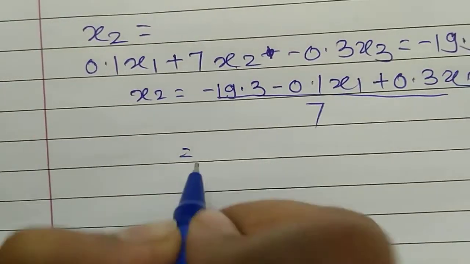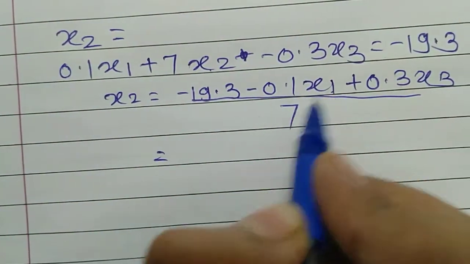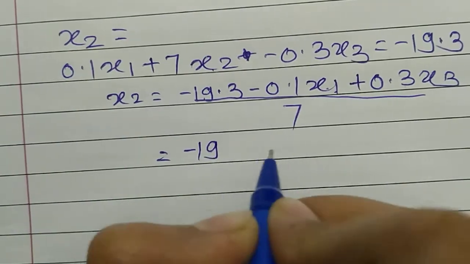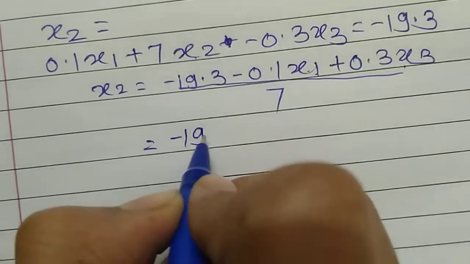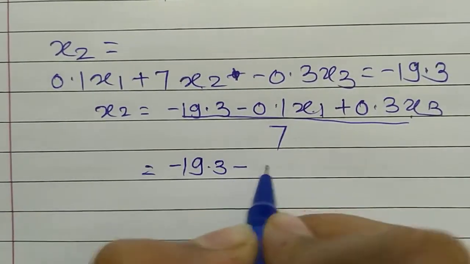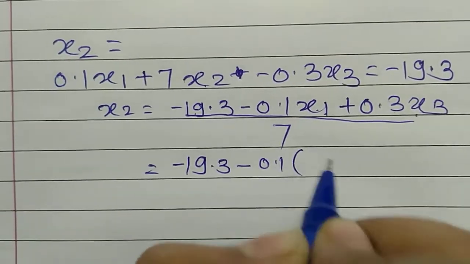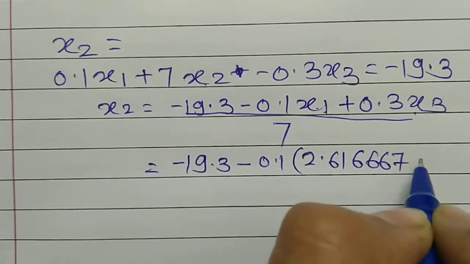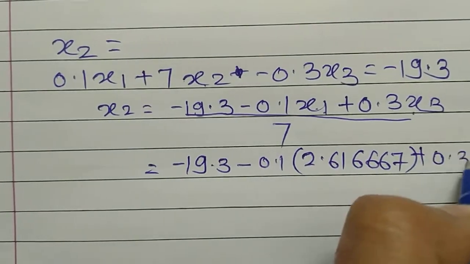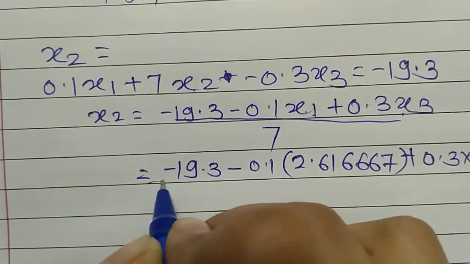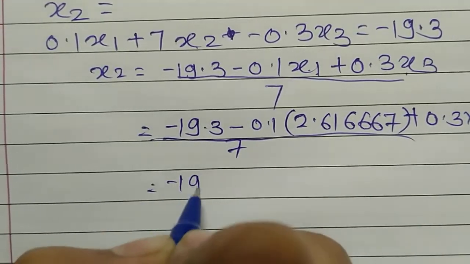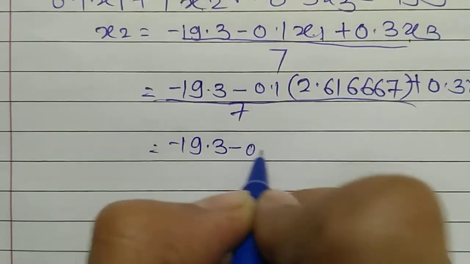Now we have got the value of x1. Put that latest value of x1 in the equation and solve, and since we don't have x3 yet, put it as 0. So minus 19.3 minus 0.1 into 2.61667 plus 0.3 into 0, divided by 7.